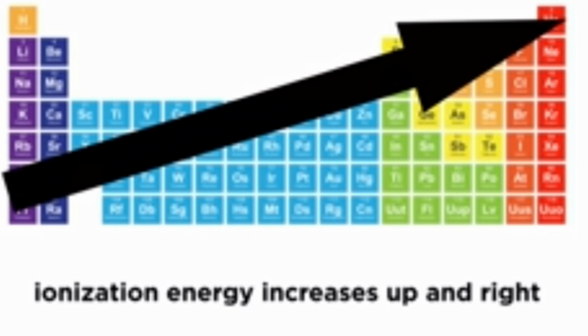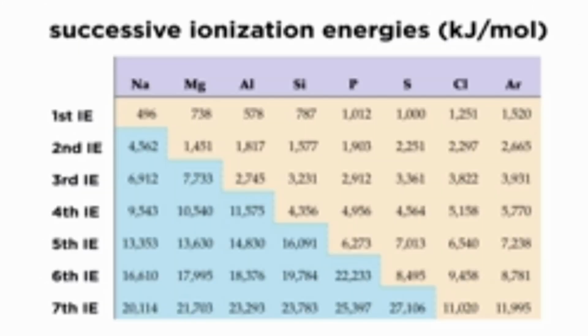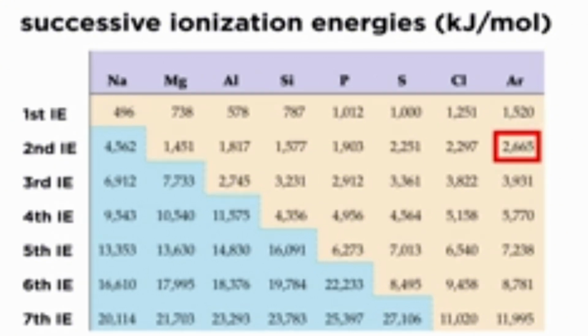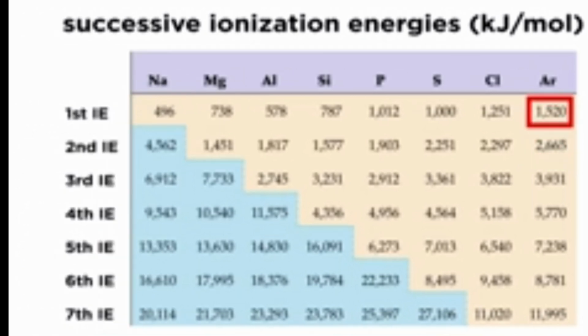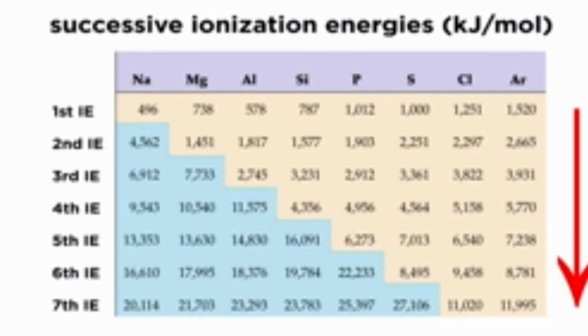Elements can have successive ionization energies for removing more than one electron. A second ionization energy will always be greater than the first and continue to increase from there, since the more electrons you remove, the less stable the atom becomes.